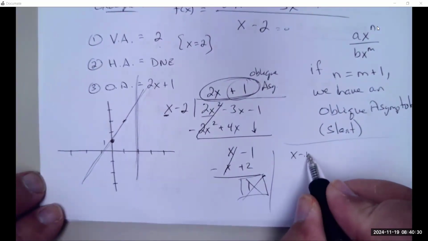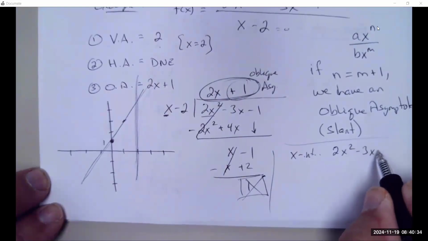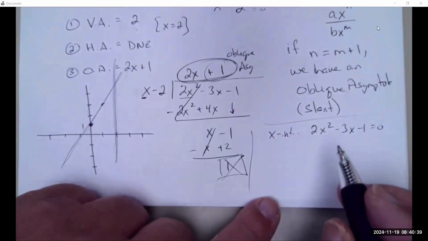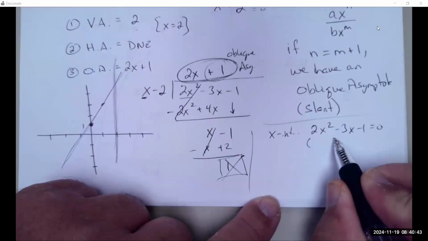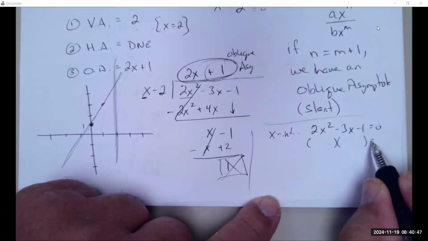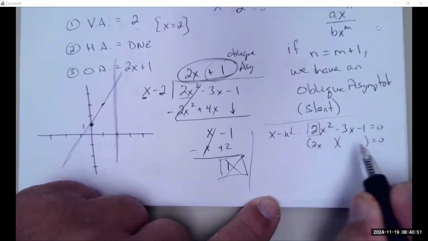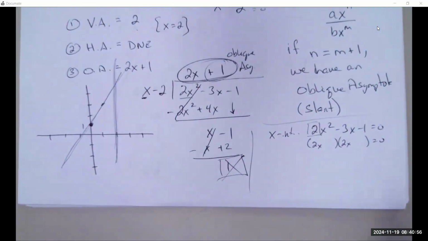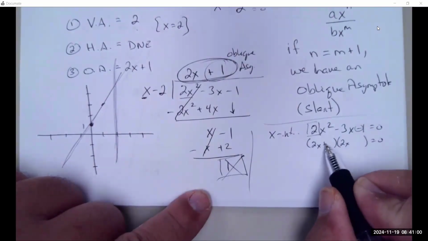Our x-intercepts are found from 2x squared minus 3x minus 1, set equal to 0. Since the leading coefficient is not 1, we try to factor if it's factorable. Opposite signs.